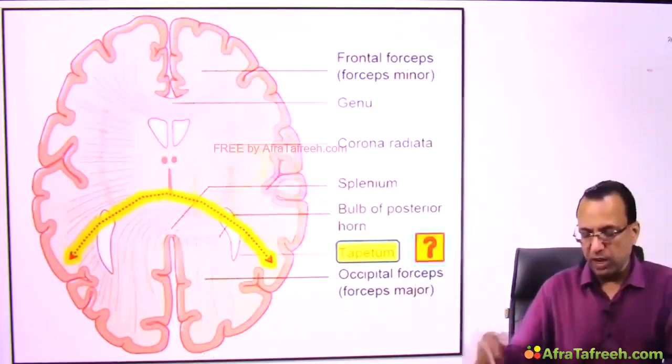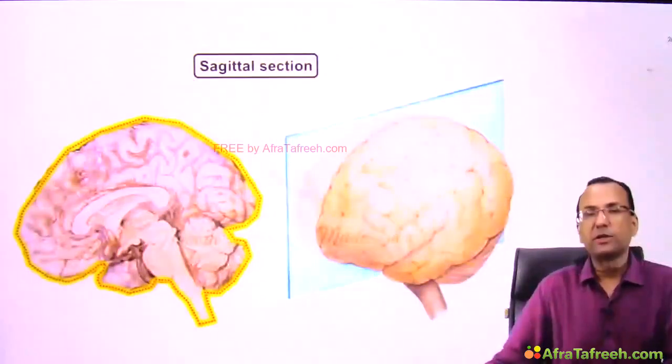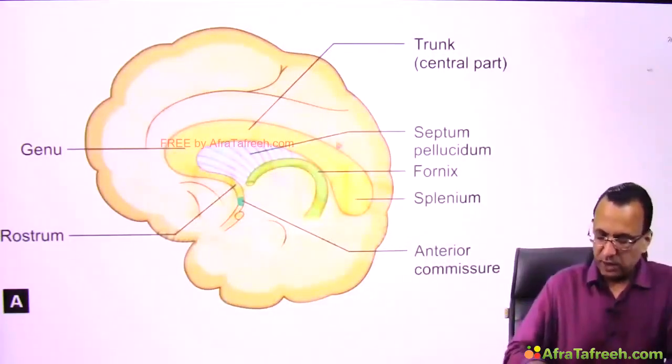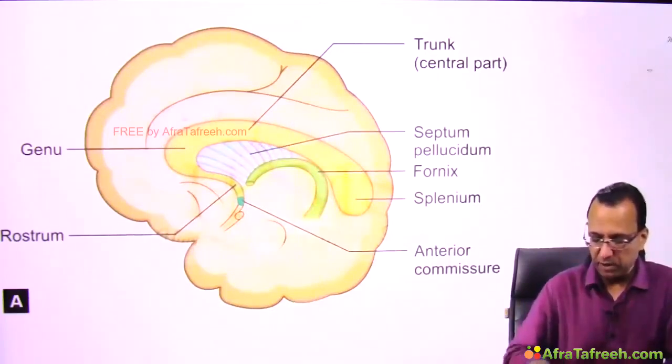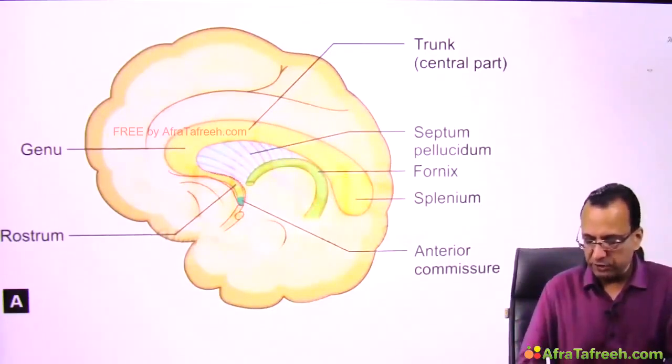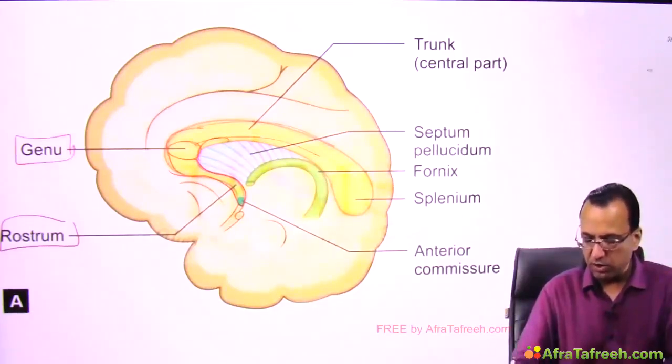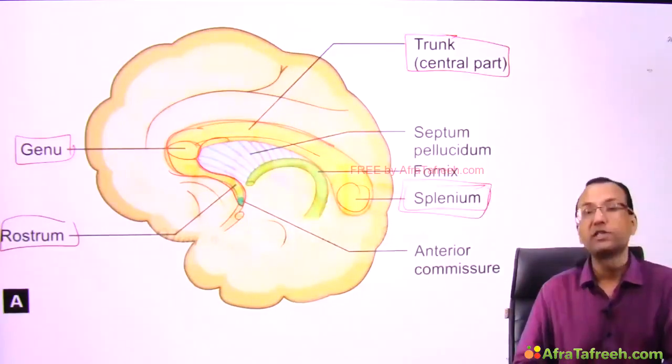To find out the answer, we will look at some details of the corpus callosum in a sagittal section. In fact, you already have seen corpus callosum is a C-shaped structure. Now, if you say it is a C-shaped structure, it will have an anterior side which is called the rostrum, a bend which is called the genu, then there is a body or the trunk region, and then there is a splenium which is on the posterior side.